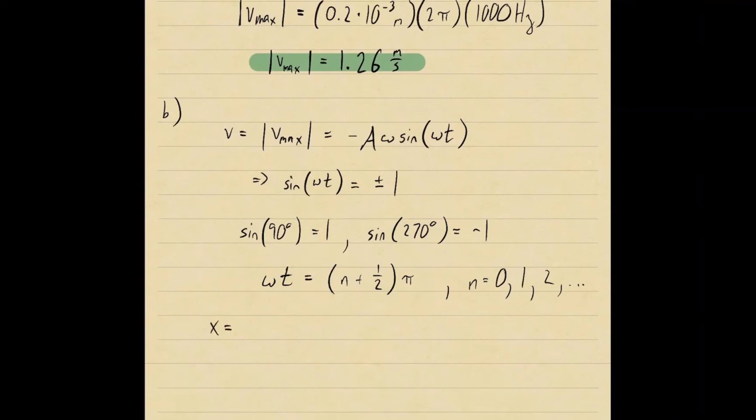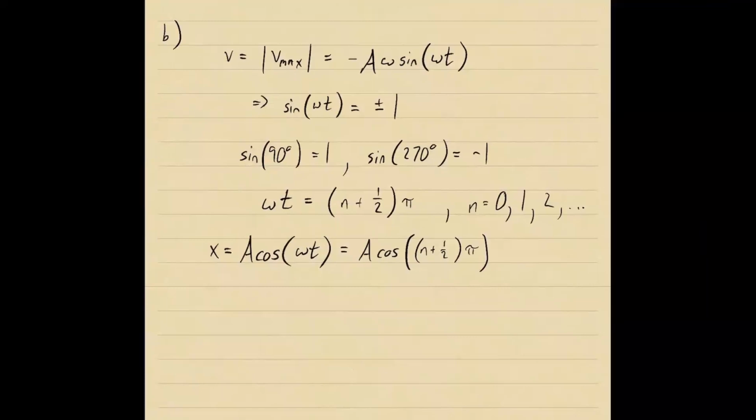If we're looking for the location, we're going to use our displacement equation. It's going to be A times cosine omega t. But we just plug this in, so this becomes A times cosine of (n plus 1/2) times pi. It might actually help to draw a little circle.